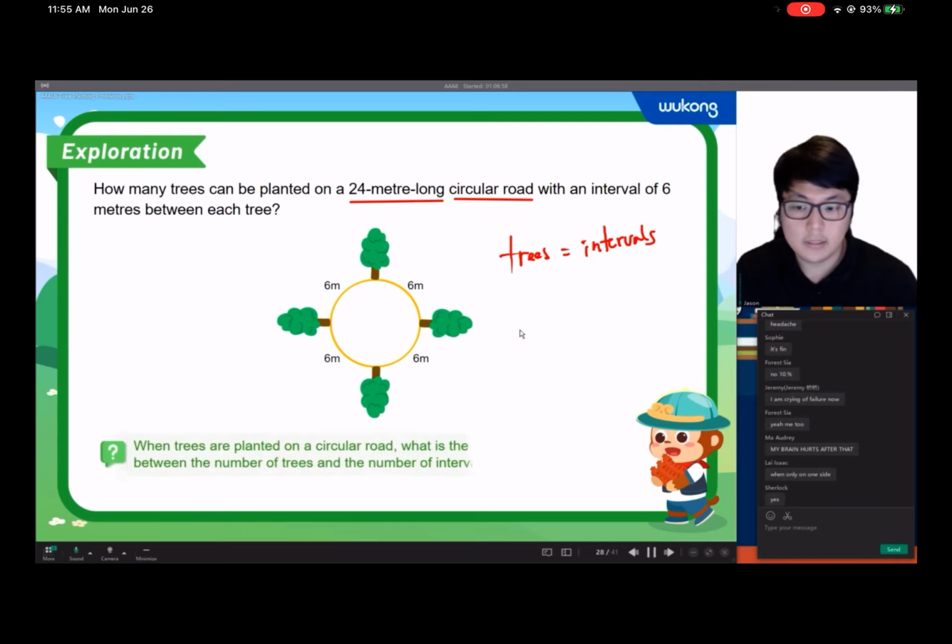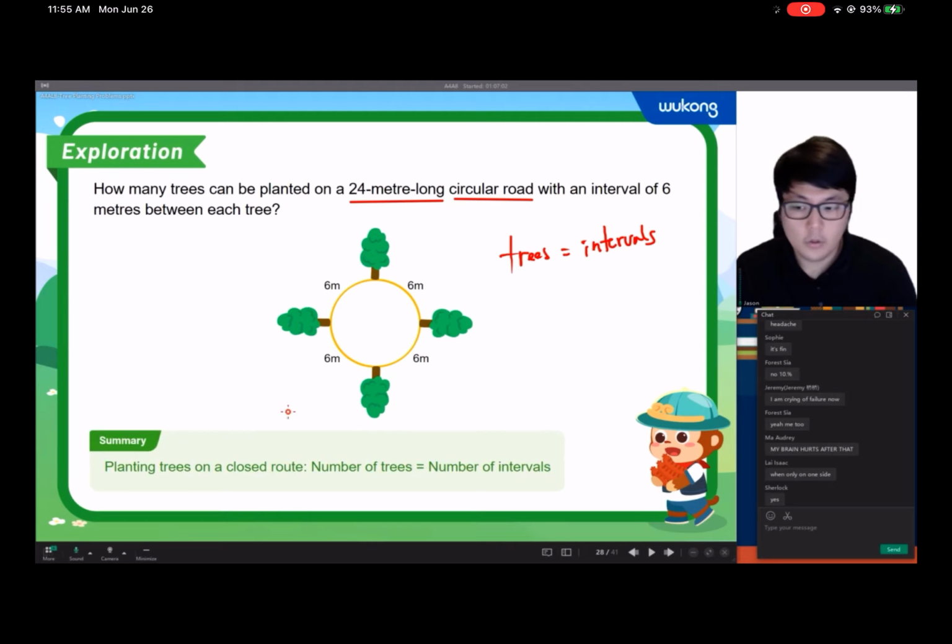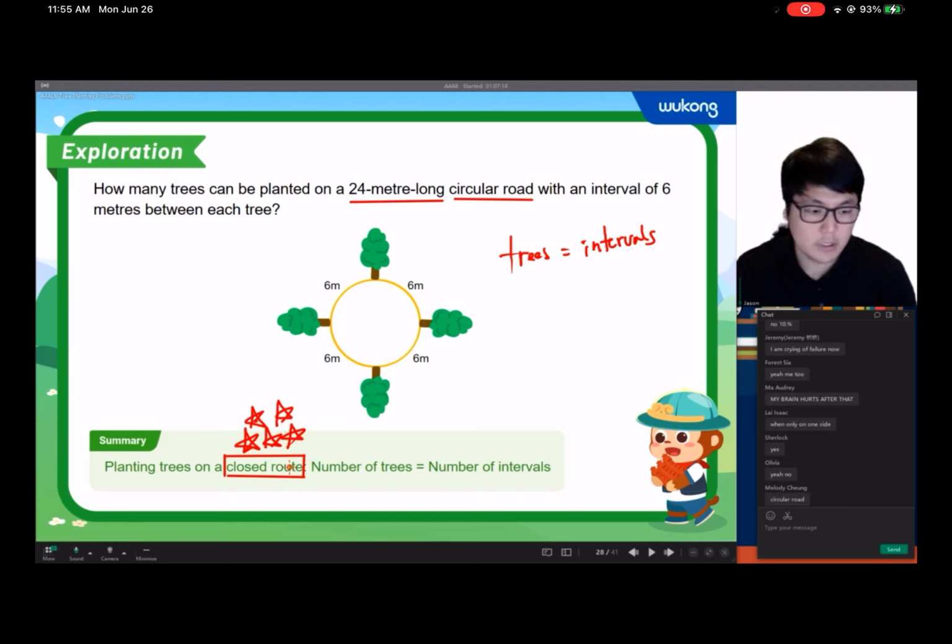No. This is when you have a closed road. Closed route. Okay? Super important. 5 stars, guys. Not circular. Closed. You see how the road is closed? This is super important, guys.